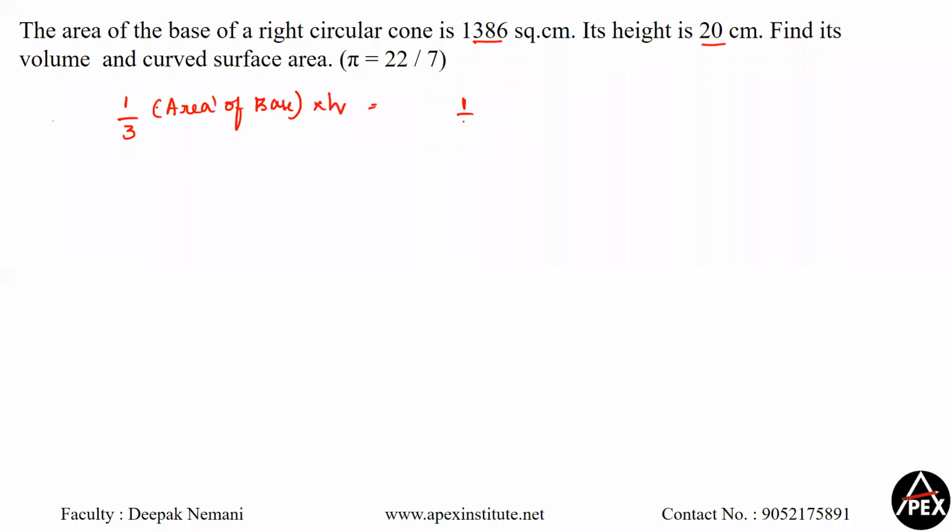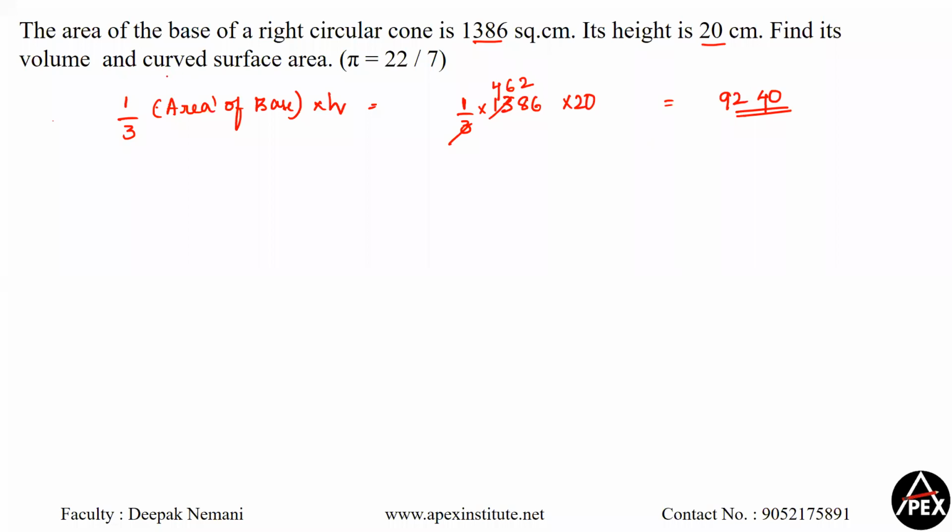So that will be 1 by 3 into 1386 into 20. Is this divisible by 3? 1 plus 3 plus 8 plus 6 is 18, yes. So this will be 462. So 462 into 20, so 9240. So you can find the volume of this cone very easily, isn't it?